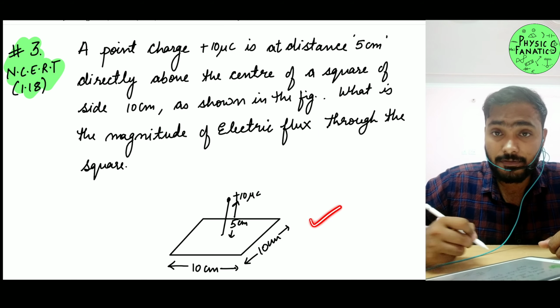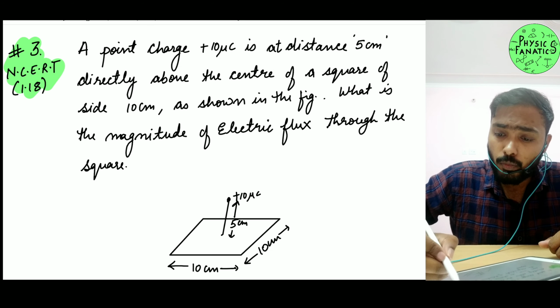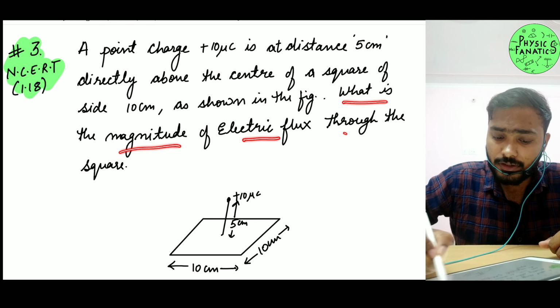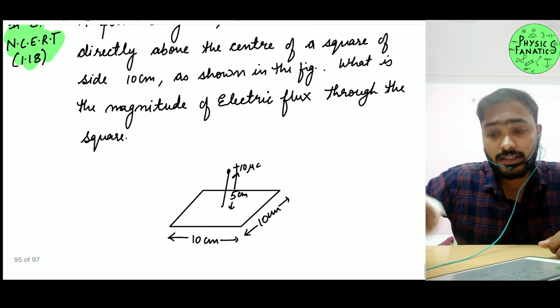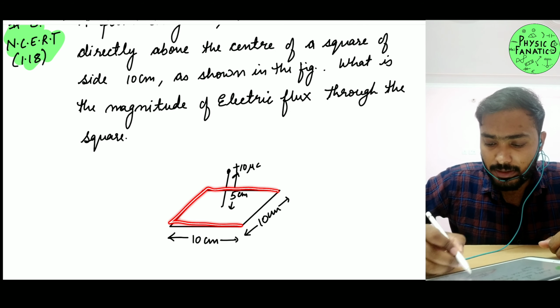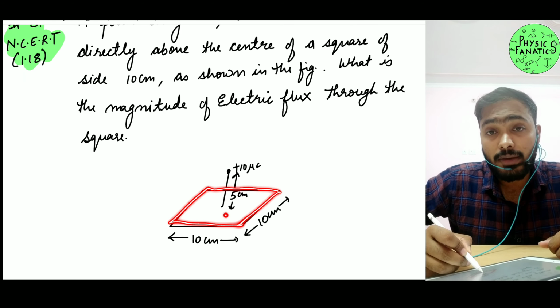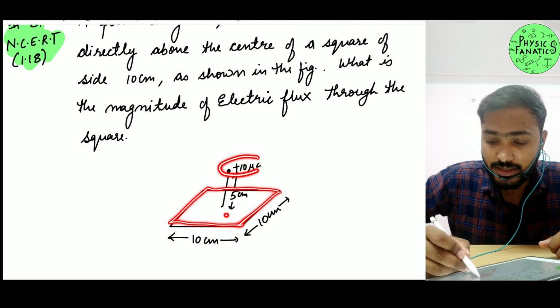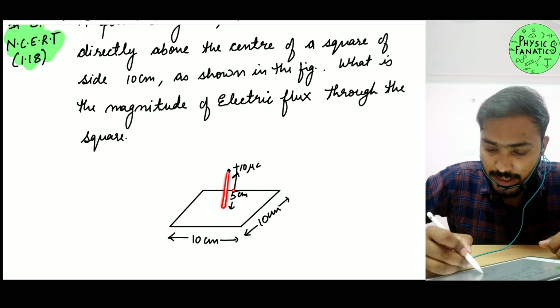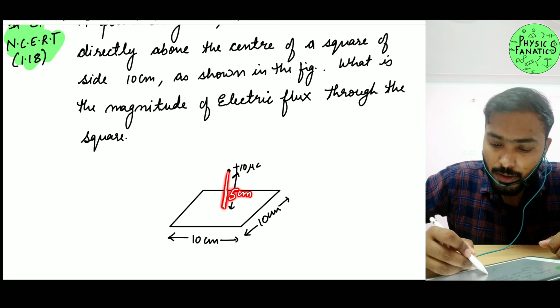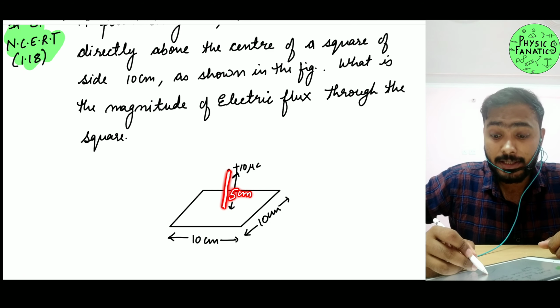What is the magnitude of electric flux through the square? The question is asking what is the magnitude of the flux that will be passing out through this square? There is a charge 10 microcoulomb which is kept at 5 centimeter distance above my square, right?